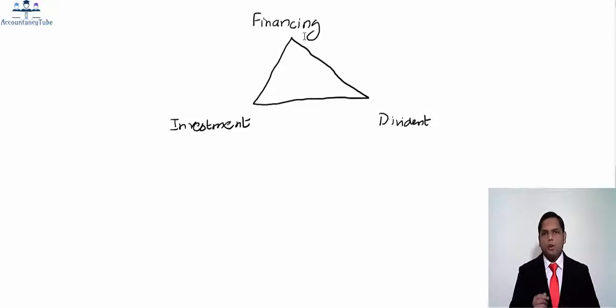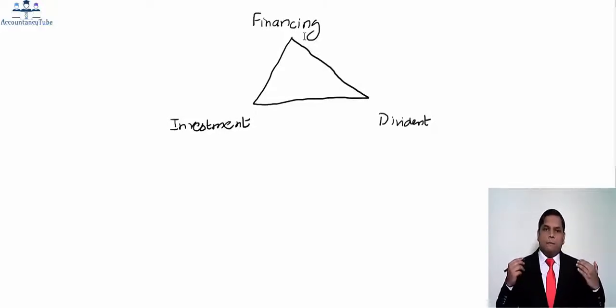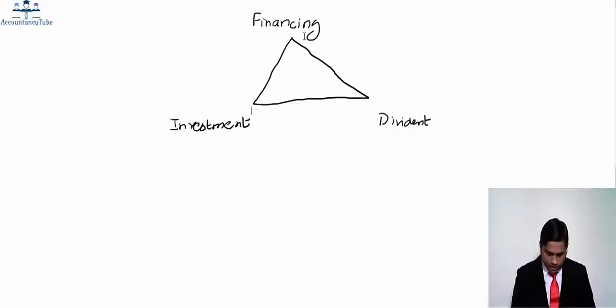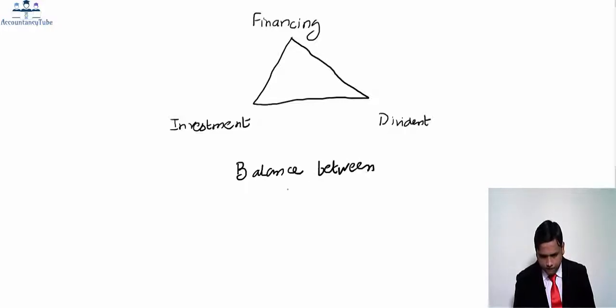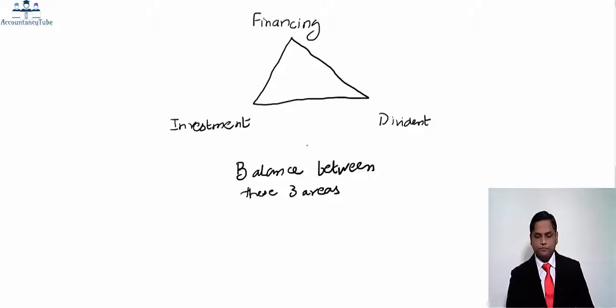Now this is the triangle of financial management. It is the responsibility of financial managers to have a balance in all these 3 areas. This is the scope of financial managers and financial management.